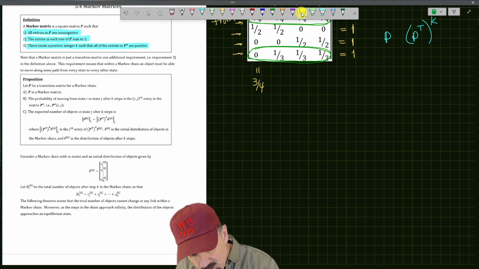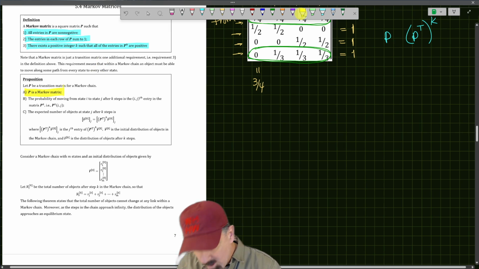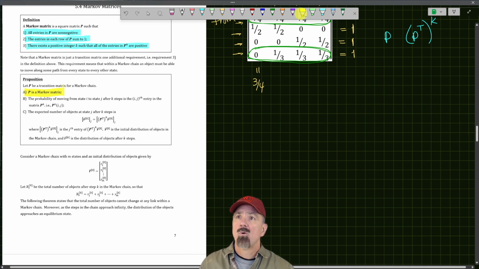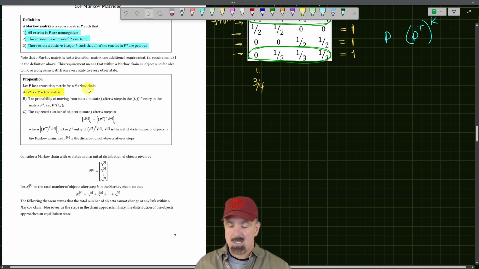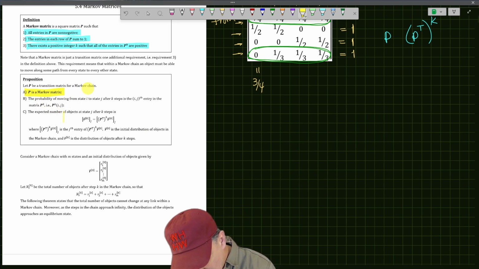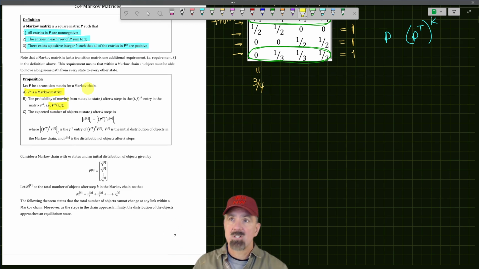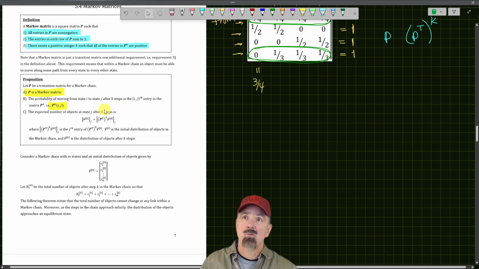Okay, so the Markov chain. This is the formal definition for the Markov chain. We have to start with a Markov matrix. And then the probability of moving, this is the answer to question A that we already talked about, the probability of moving from state I to state J after K steps is given by this item right here.